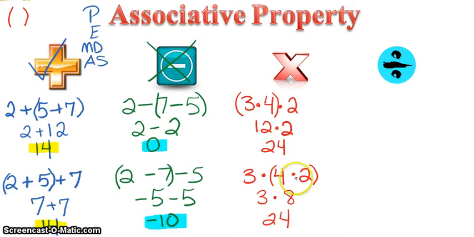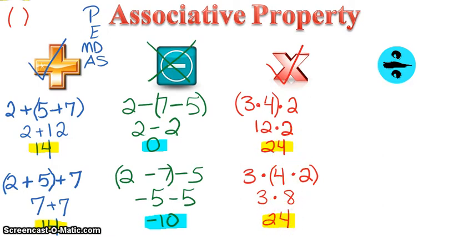I got 24 and I got 24. So that tells us that the associative property does work for multiplication. You can move parentheses around multiplying and you get the same result. It does not affect what gets done.